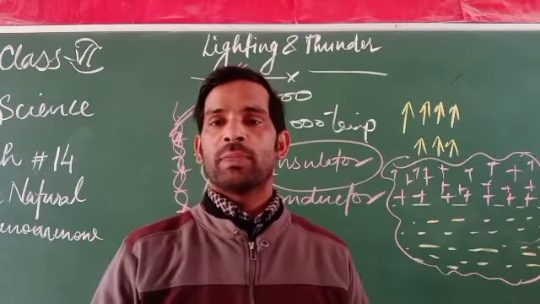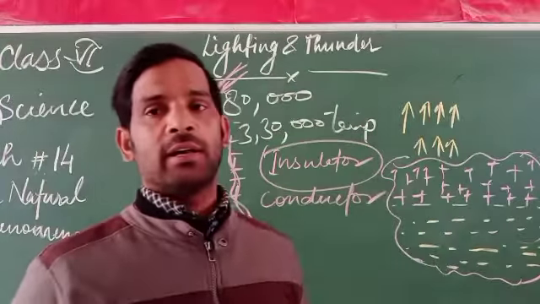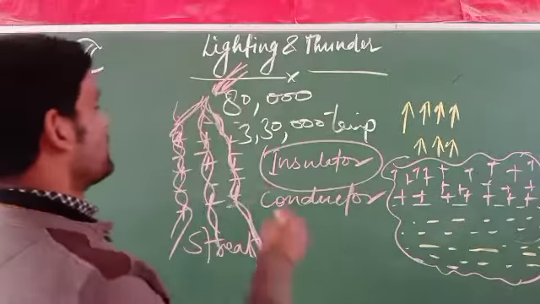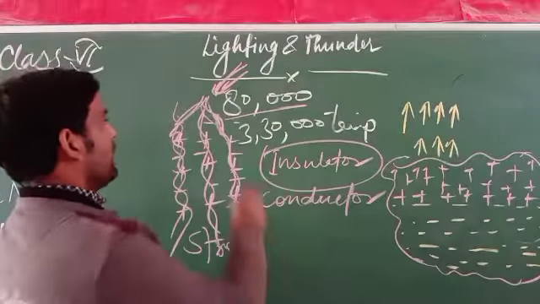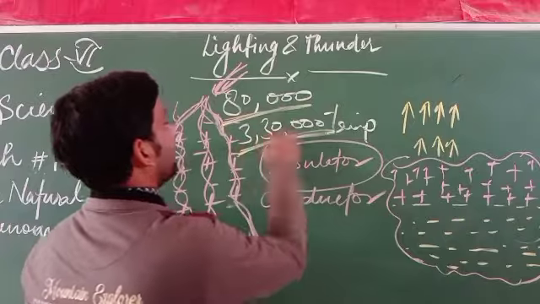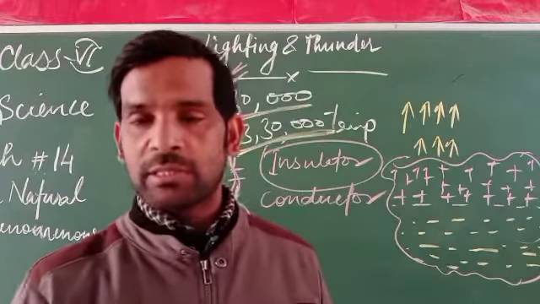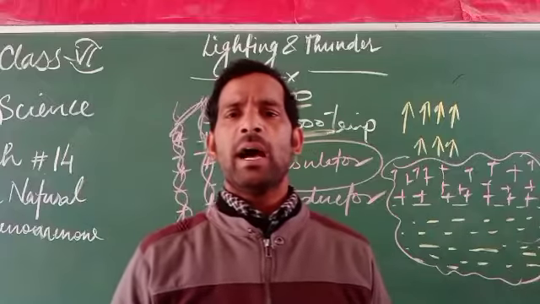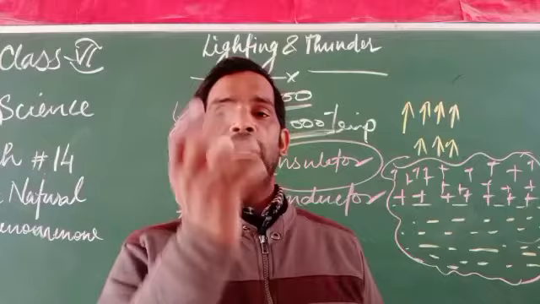Why? Because when they strike one another, temperature is generated, about 80,000 to 3,30,000. Due to this, the air, which acts as an insulator, acts as a conductor as the temperature increases.